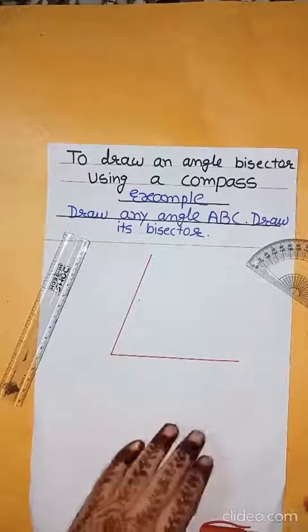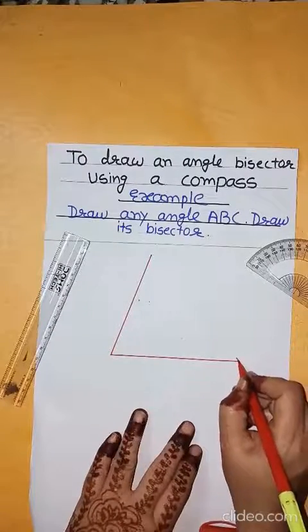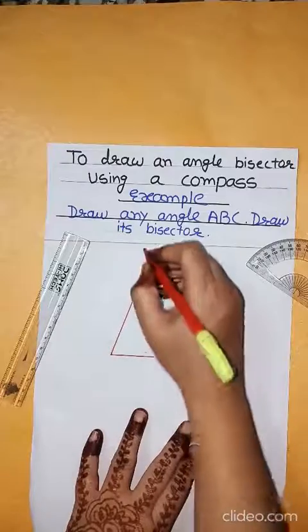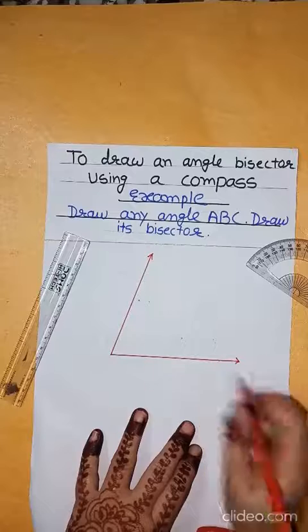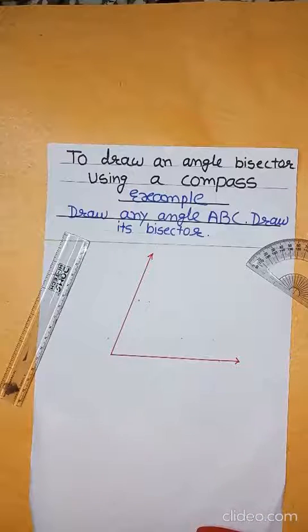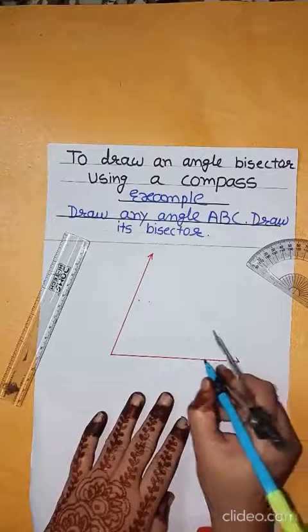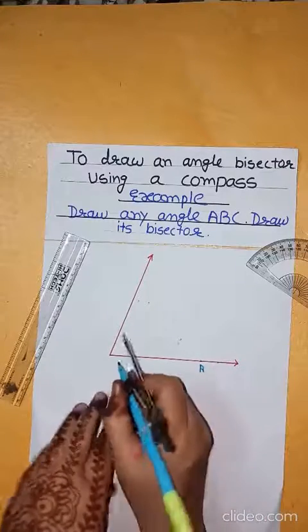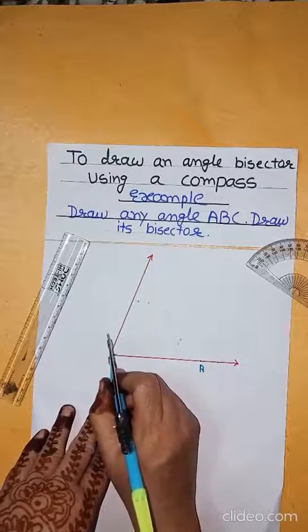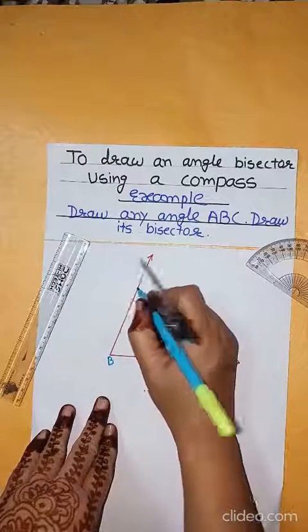This gives me, and here as I have already told you that angle is a directional figure, you have to put arrows, and therefore here we get angle A, B and angle C.